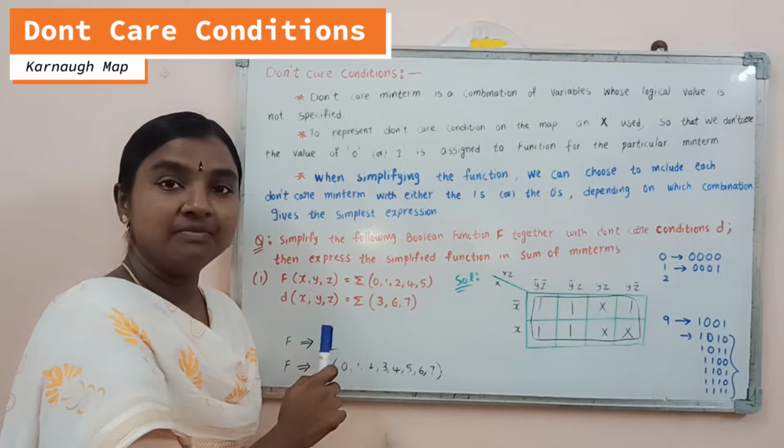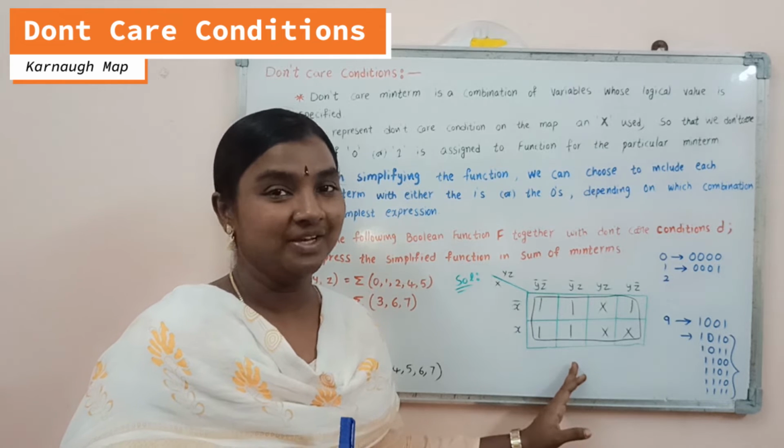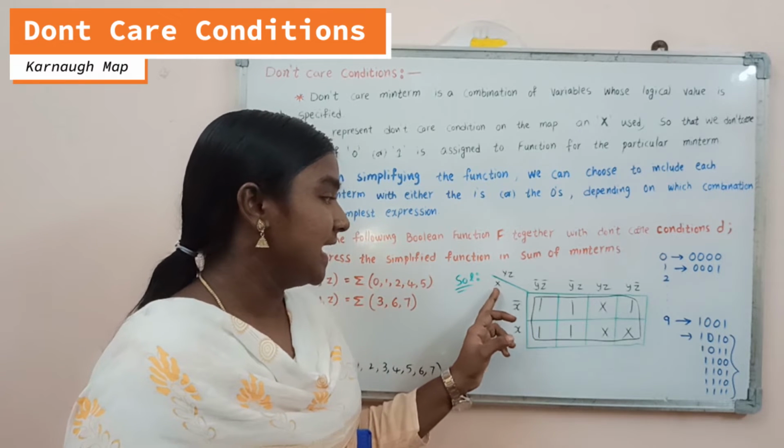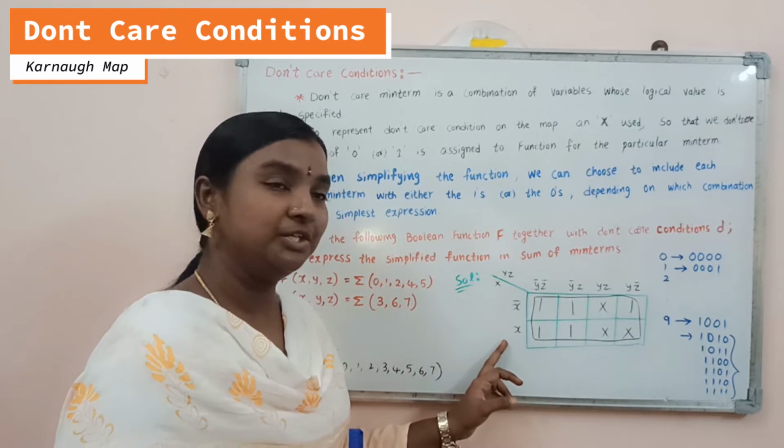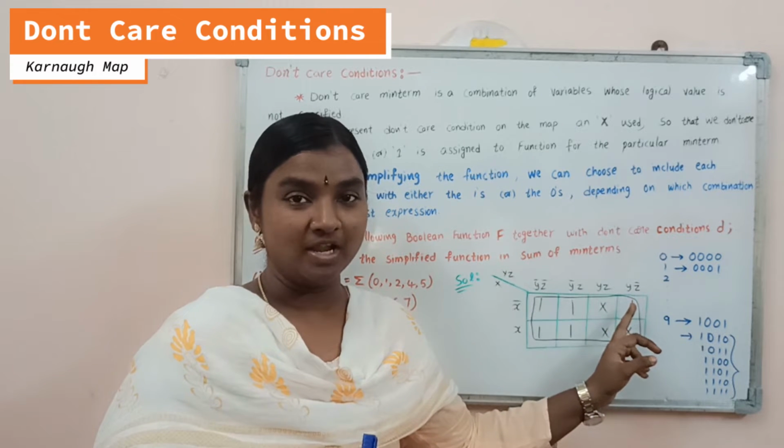Now this is a function with 3 variables, which means we are going to use a 3-variable Karnaugh map. Here the x variable is common to the row side, and the yz variables are on the column side.